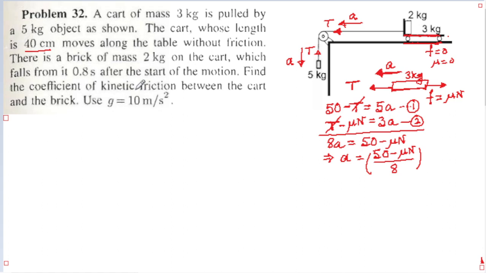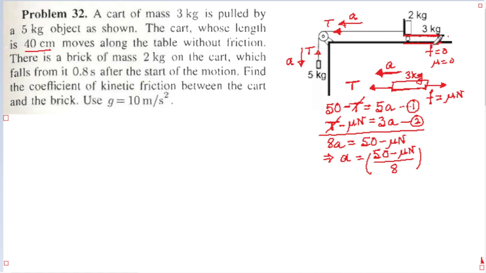And due to this friction, as the cart moves in the rightward direction and friction acts in the same direction, there will be a pseudo force generated. A pseudo force will generate in the direction opposite to the acceleration of the cart.